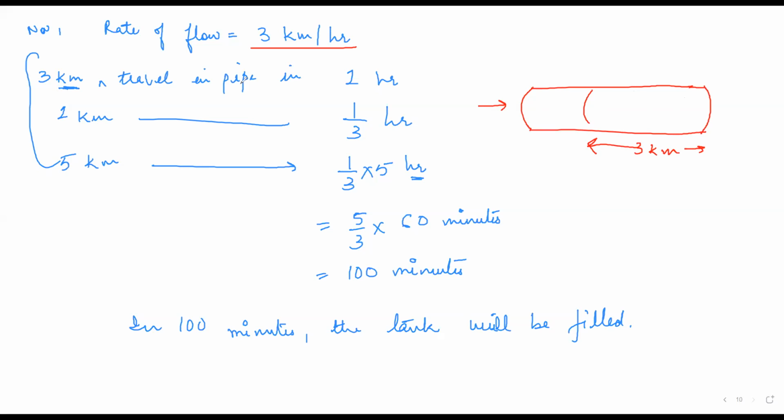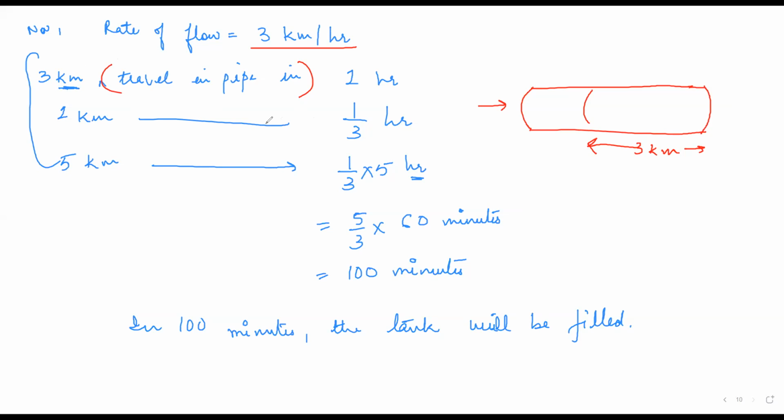So 3 kilometer, I mean, this sentence is actually not correct, but the concept is clear. So I can just reframe the sentence here: in 1 hour, the water in the pipe travels a distance of 3 kilometer. It means this thing.